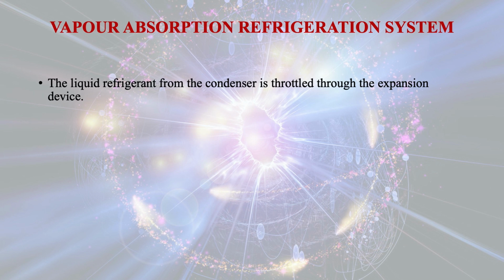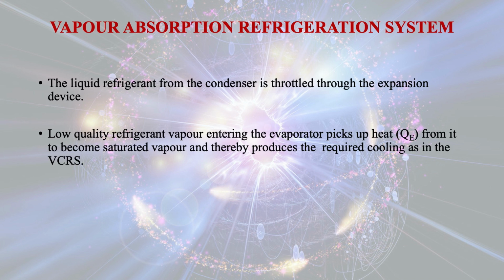The liquid refrigerant from the condenser is throttled through the expansion device. Low quality refrigerant vapor entering the evaporator picks up heat QE from it to become saturated vapor and thereby produces the required cooling as in the VCRS.